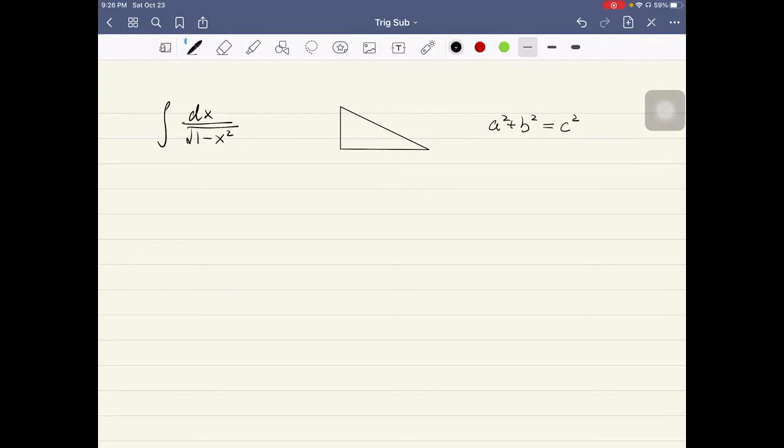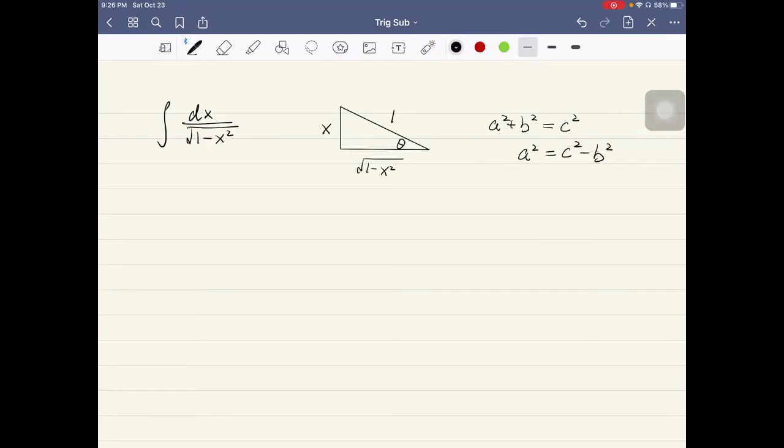Now this can also be written as a squared is equal to c squared minus b squared. Which, if you look at our integrand here, basically 1 is c squared and x is b. Which means that we can put 1 on the hypotenuse, and then let's put x here and square root of 1 minus x squared here. And let's call this angle theta.